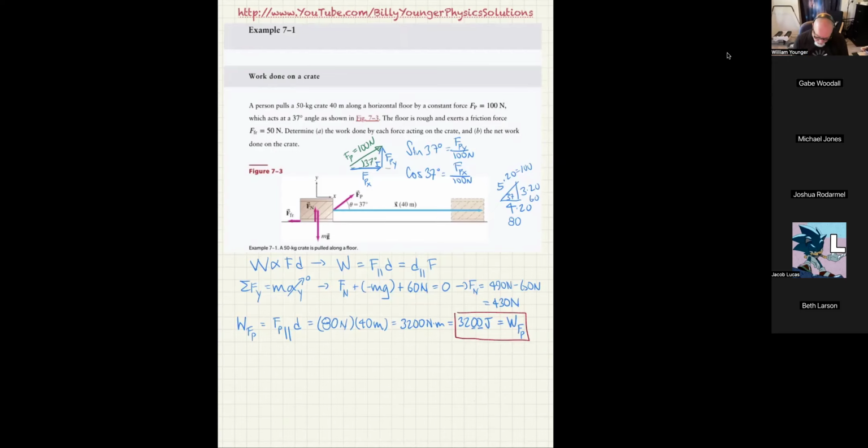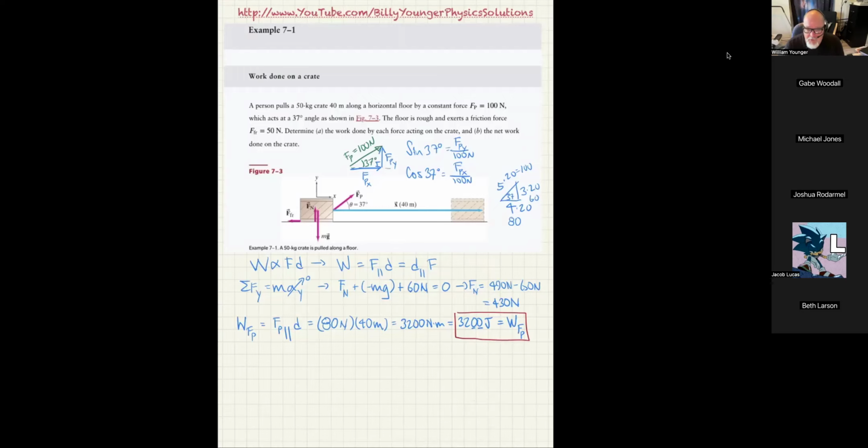Okay. So that's one of the forces, and that's the work done by it. If you wanted to dig a little deeper and maybe you didn't understand some of the nuances of this problem, you might think, oh, there's a FP sub x and a FP sub y, so I need to calculate the work done by FP sub x, then the work done by FP sub y, and then the work done by Fn, and if Fn had a component parallel to the x-axis, I'd have to do the x one and the y one.